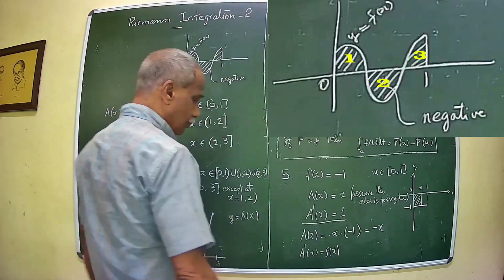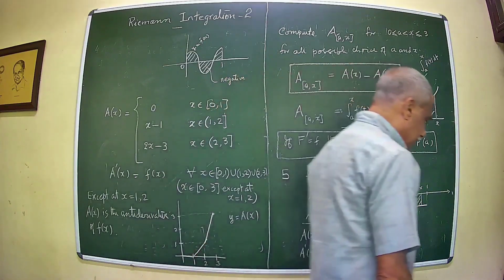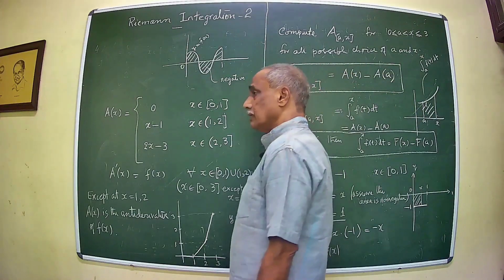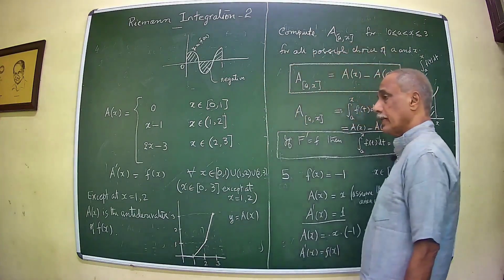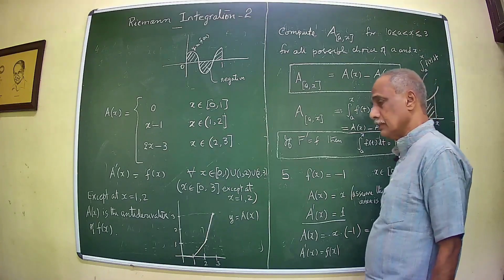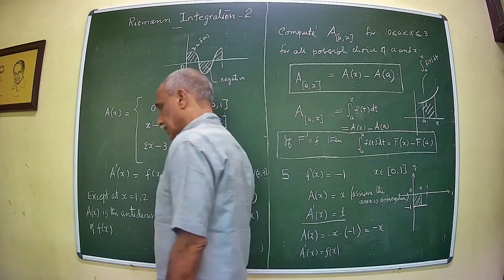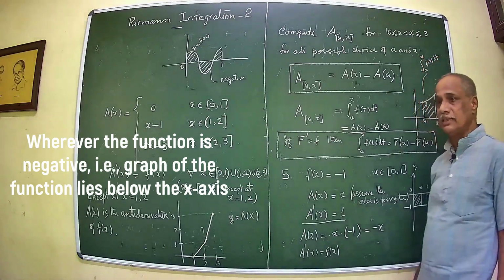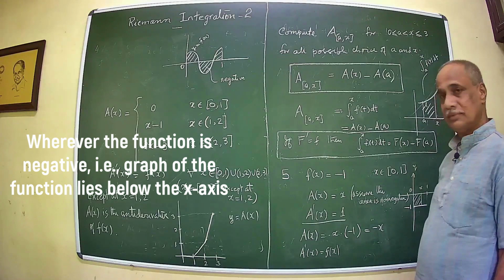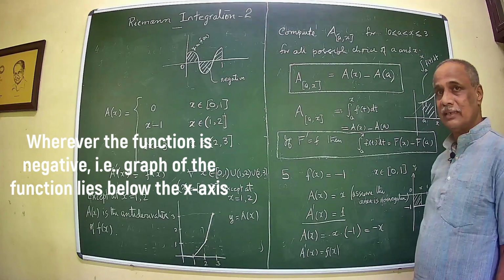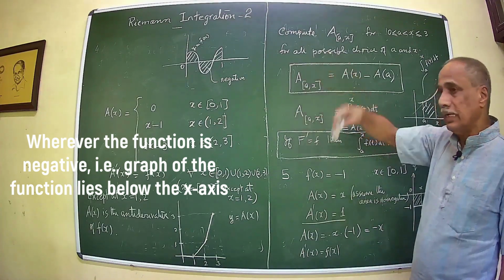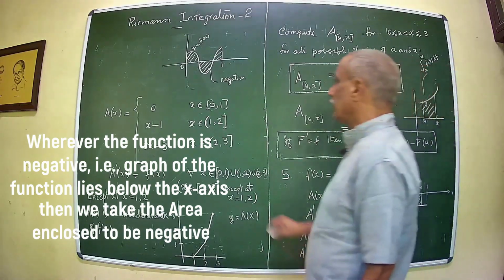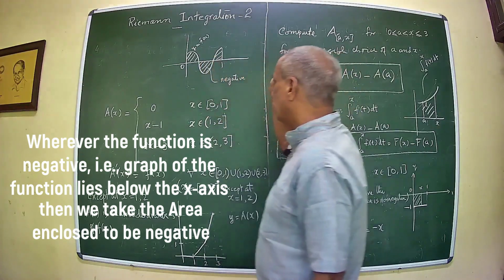That means wherever the graph of the function is above the x-axis, the corresponding area is considered to be positive. Wherever the function is negative, that is, the graph of the function is below the x-axis, then you take the area enclosed to be negative.